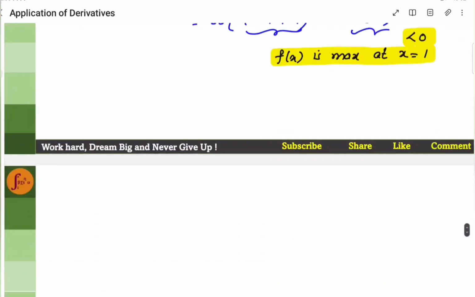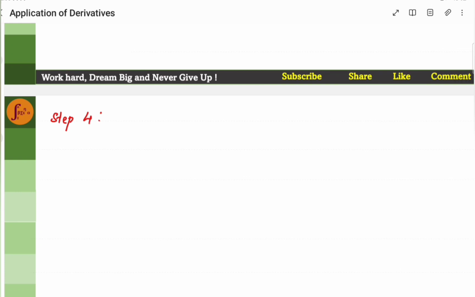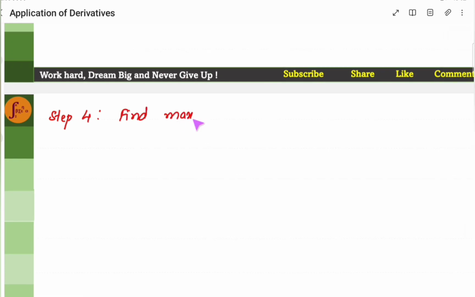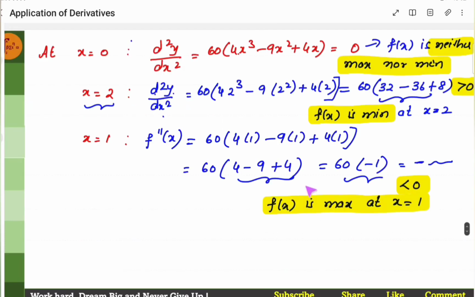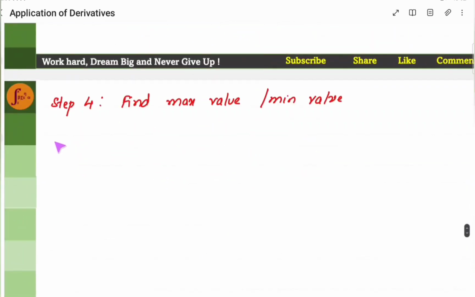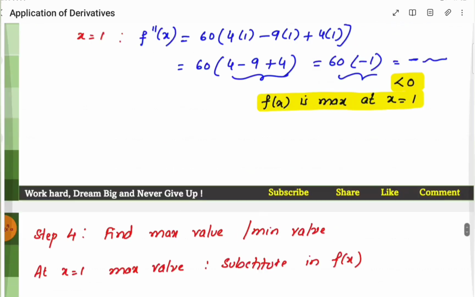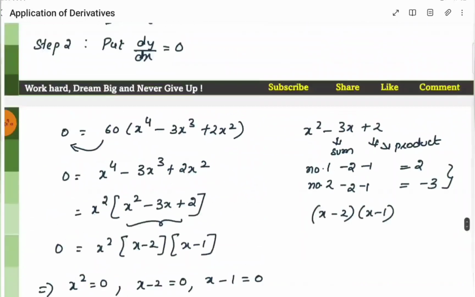Now what is the last step? Step 4, we have to find the maximum value and minimum value. At x is equal to 1, we get the max value. What we have to do is substitute the x value in f of x. So you have to take the original function. What is the original function?